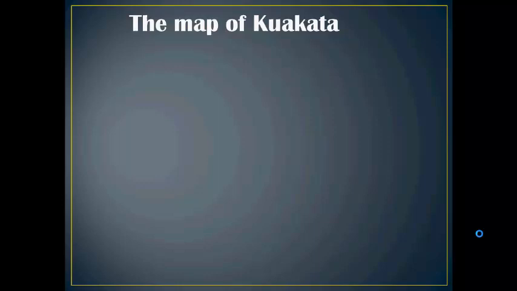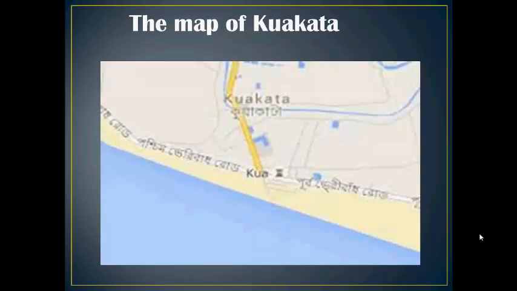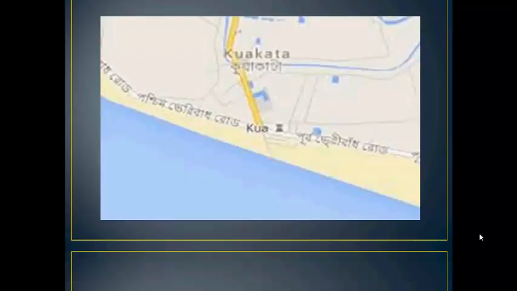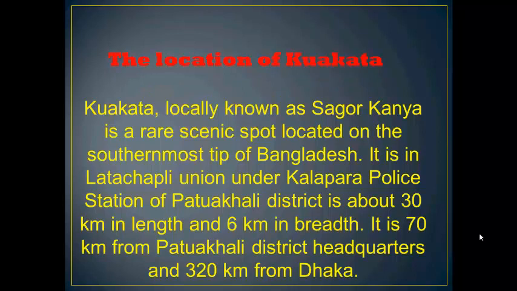Here we see the map of Kuakata. So now let's see the location of Kuakata. Kuakata, locally known as Sagarkonna, is a rare scenic spot located on the southernmost tip of Bangladesh.